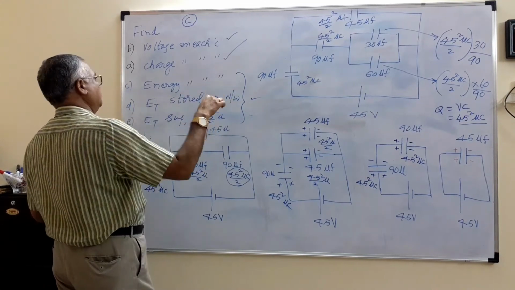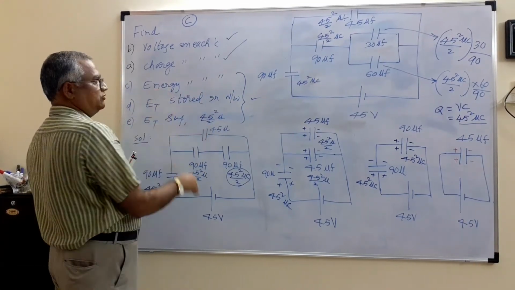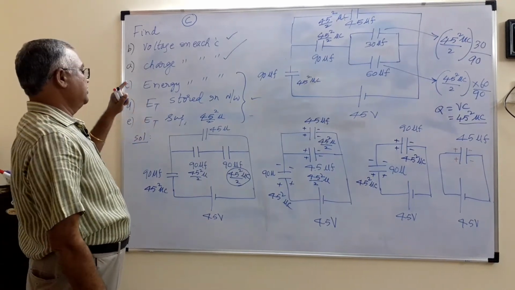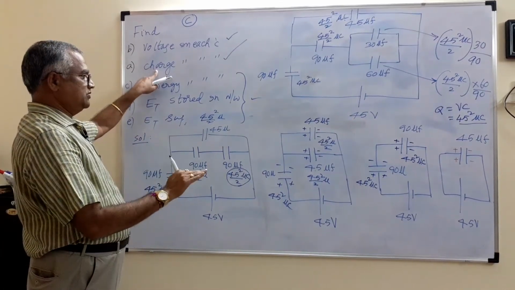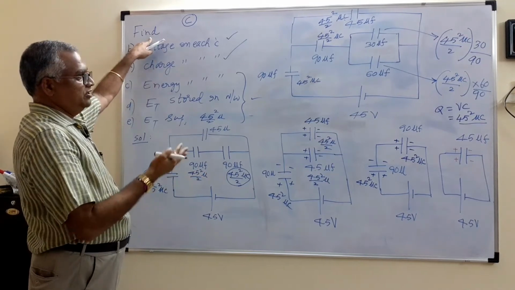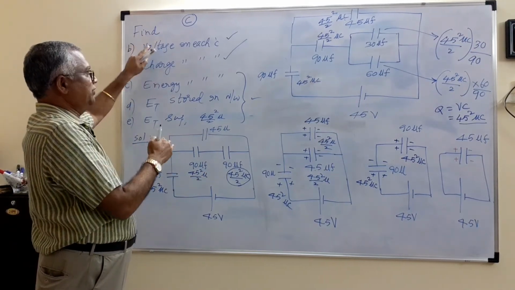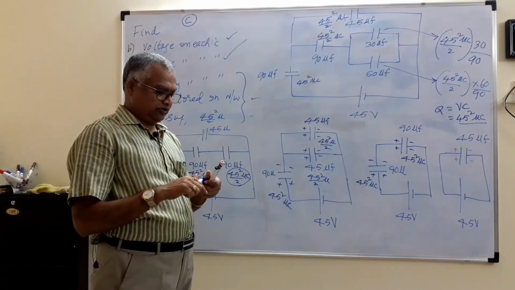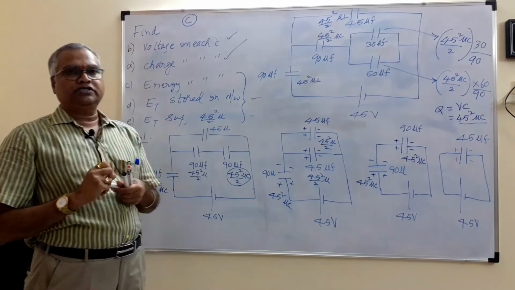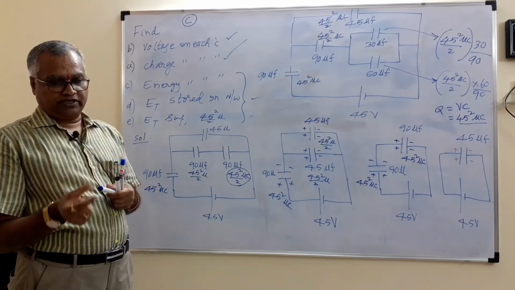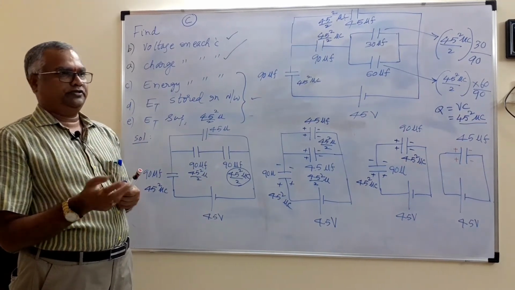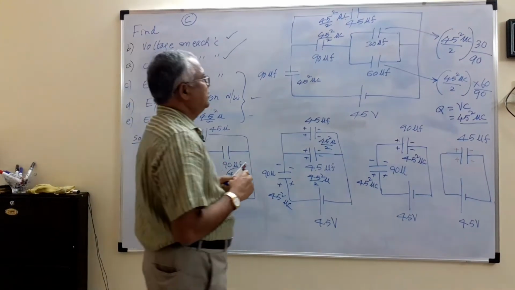Energy previously how I explained, same way you can do this. So in this model we understand how to find charge first, then voltage. Previous model, how to find voltage first, then charge. So these two methods you should know. Even for resistor also, how to find voltage from current, how to find current from voltage. These two you should know.